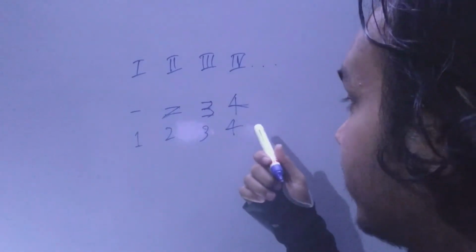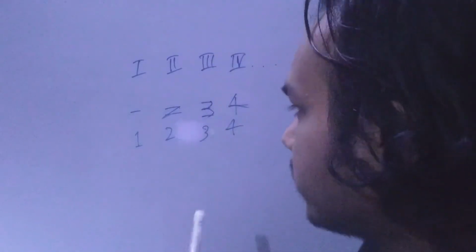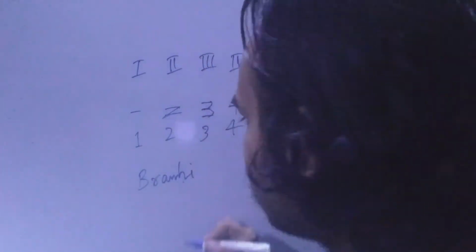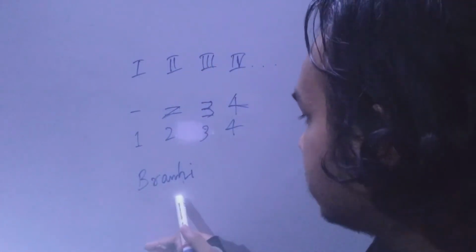And go ahead and quickly search, Google it, but if you're searching, just search Brahmi numbers, B-R-A-H-M-I. Hope I'm not messing up the spelling.